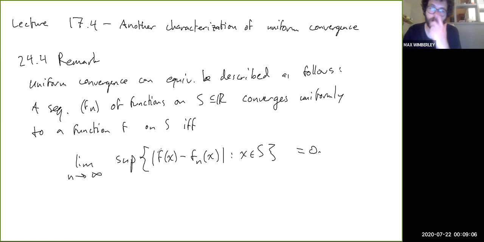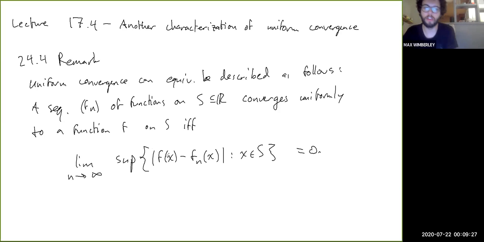So this supremum could actually be infinity, but the whole point is that the limit has to be 0. The supremum measures the greatest distance between f of x and fn of x, or the greatest error in the approximation. If you think of fn as an approximation, this is the worst error that fn has.